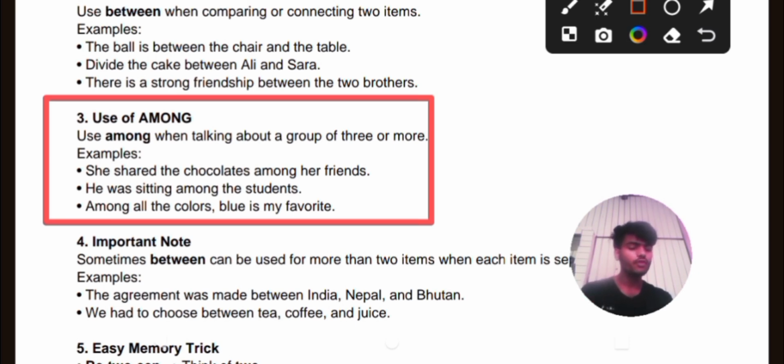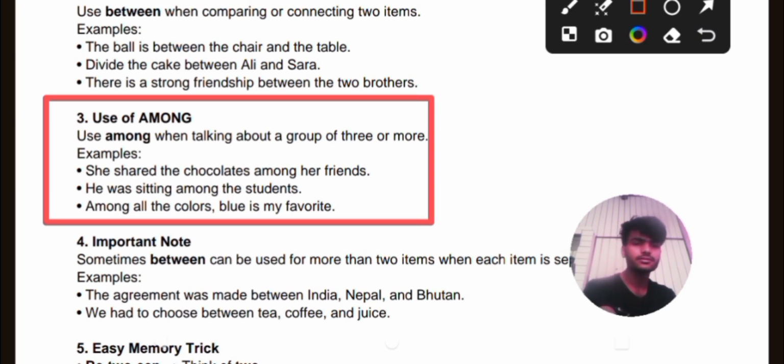It means when we are talking about a group made of three people or more, and we are talking about comparison and connection among them, we have to use among in place of between in that situation.